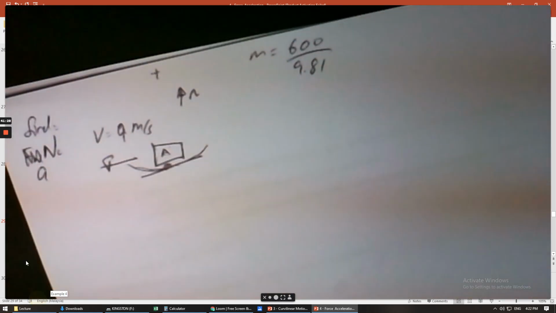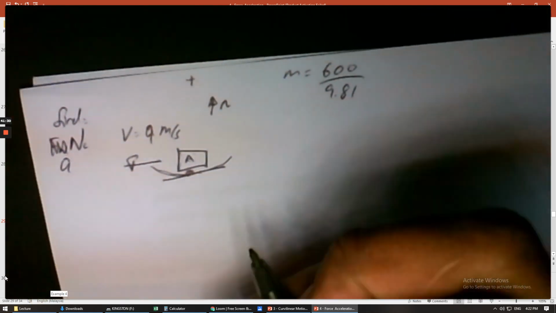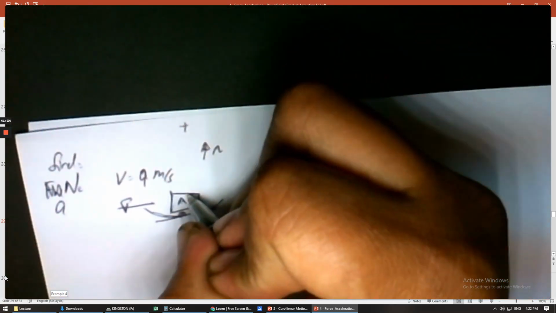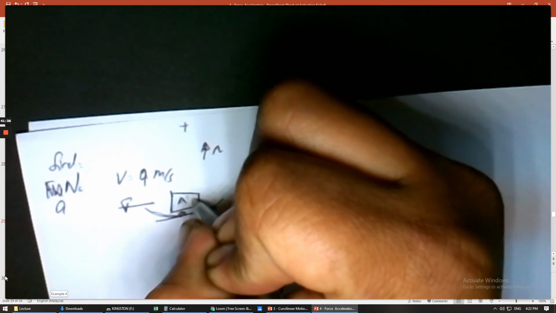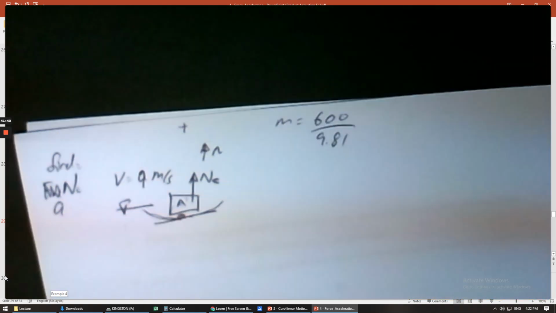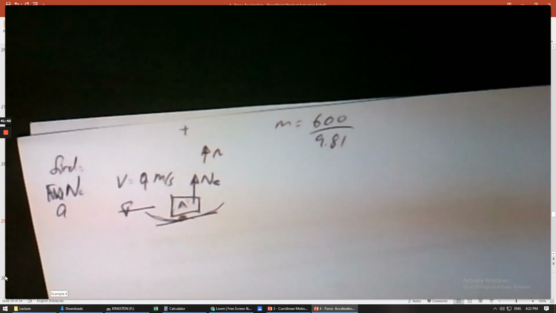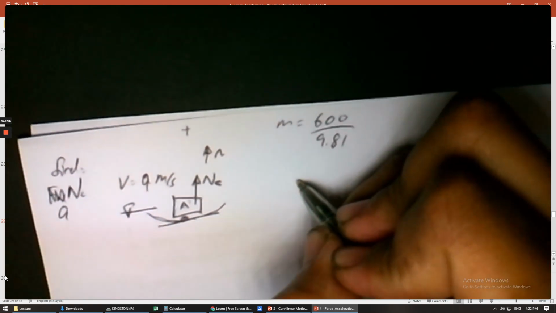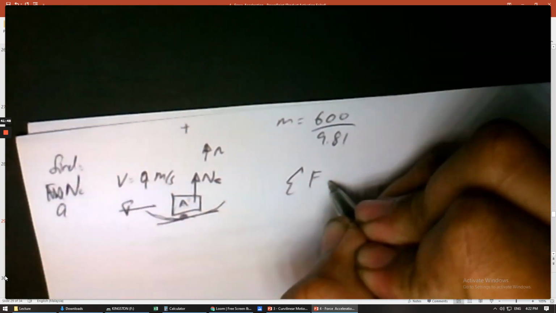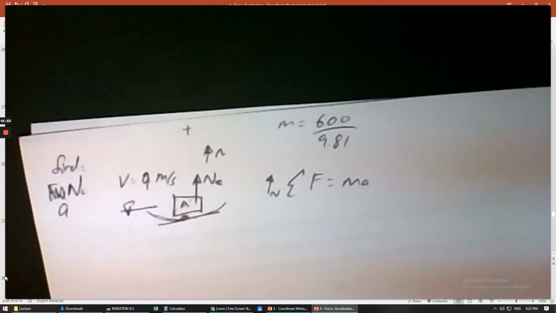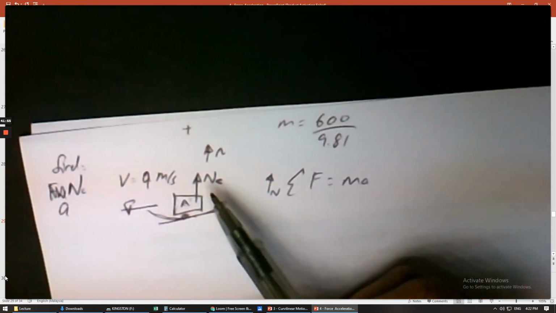Okay, let's take a look. The free body diagram shows all the external forces. There is NC, the normal force, and I think that's it. There's no friction, there's nothing. So using F equals ma in the n direction. Why is it pointing up?